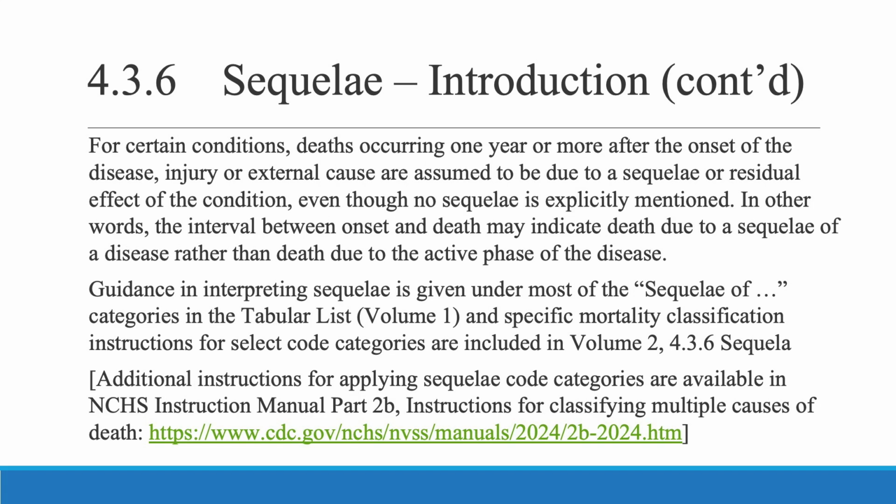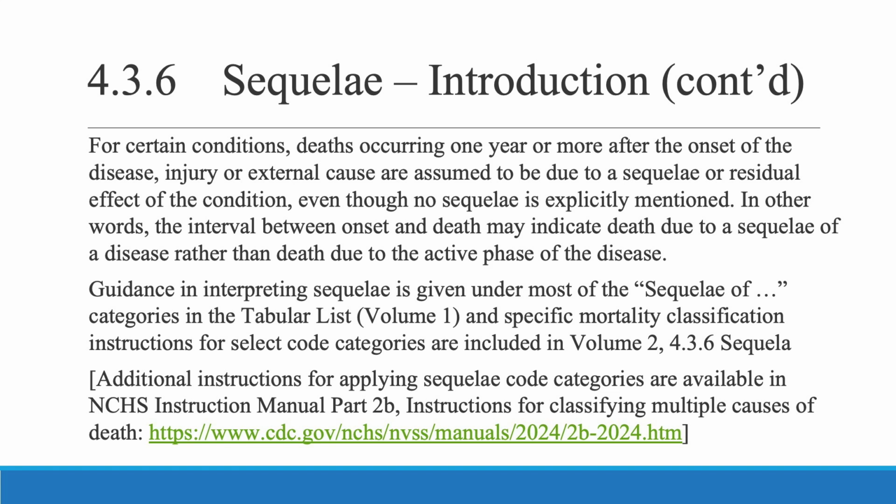Looking at the first paragraph of this slide, going on to say, for certain conditions, death occurring 1 year or more after the onset of the disease, injury, or external cause are assumed to be due to a sequela or residual effect of the condition, even though no sequela is explicitly mentioned. In other words, the interval between the onset and death may indicate death due to a sequela of a disease rather than death due to the active phase of that disease.